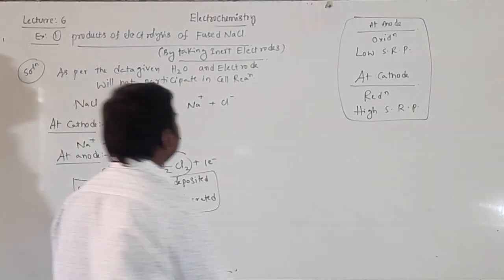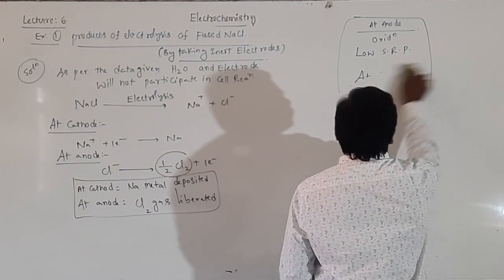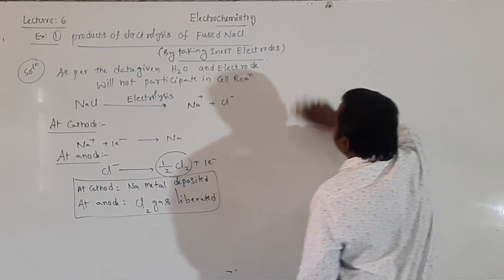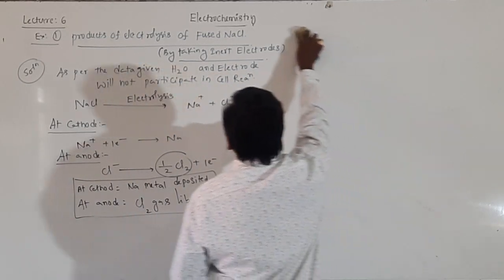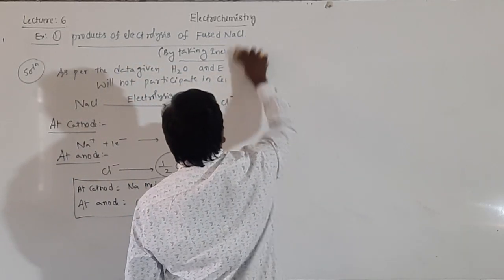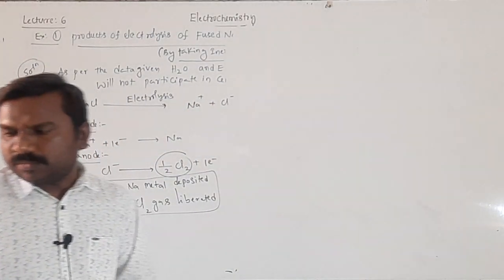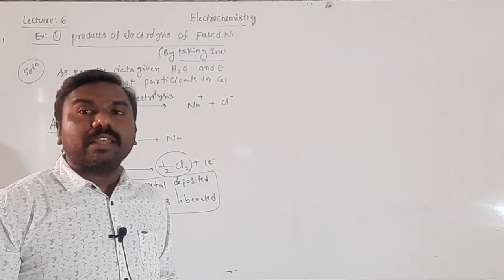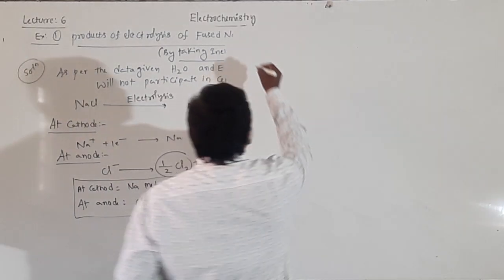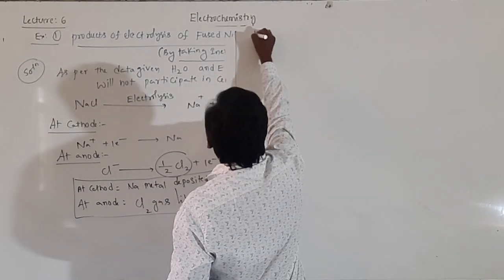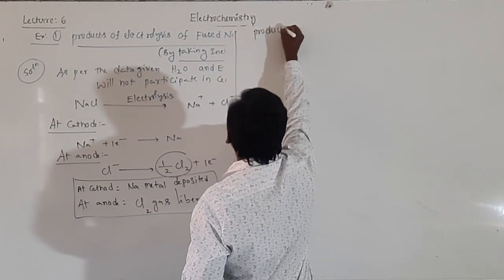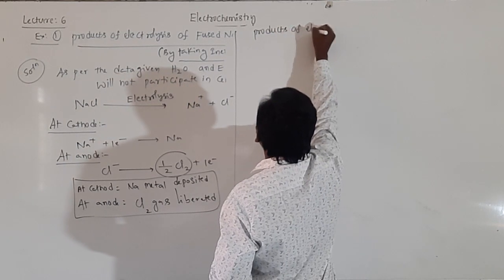Now the next one is a very important one, that is products of electrolysis of aqueous NaCl.